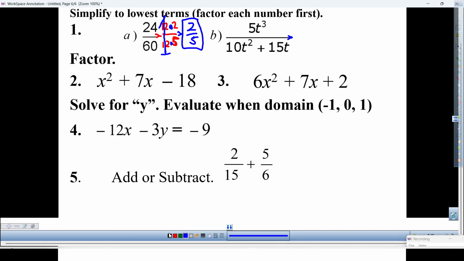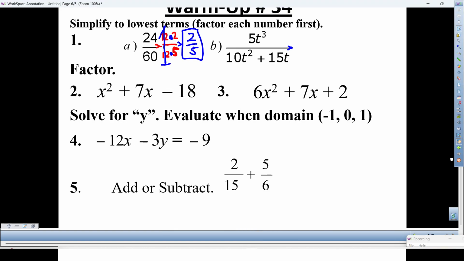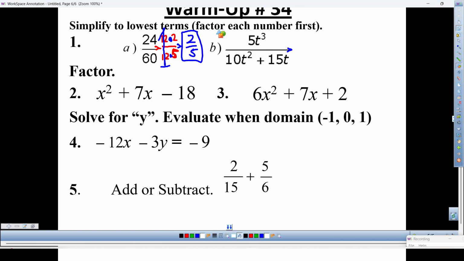Now, we did a video lesson last week to get you practice with this. Is that correct? So in case you forgot, here it goes. Let me break this down. The numerator can be broken down like this: 5 times t times t times t. Is that correct?